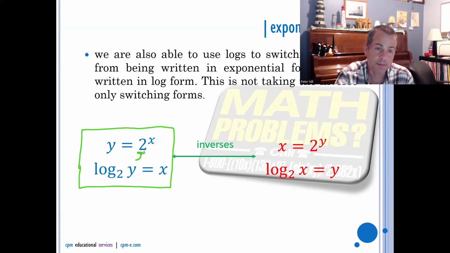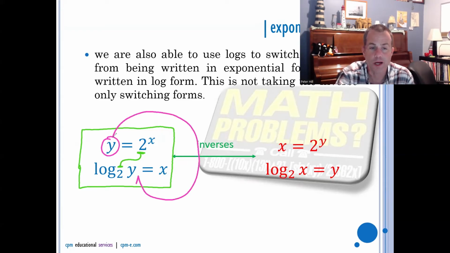The base becomes the base, okay? The dude that was by himself, the dude that was free, is now going to become locked. So the y was free, and now he's locked in. And then the x was locked in as the exponent, he's now going to become free and become the x all by himself.